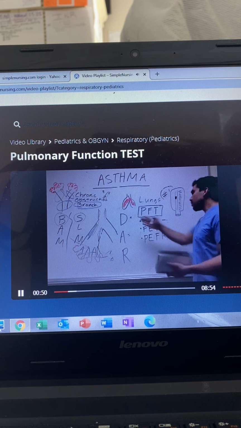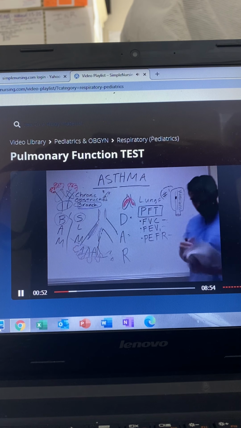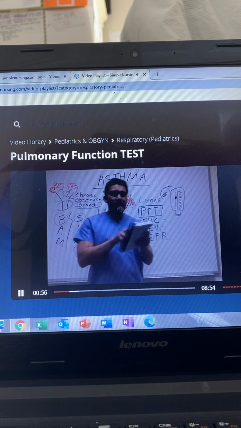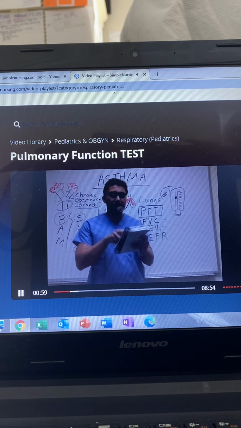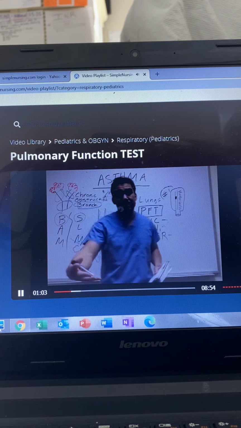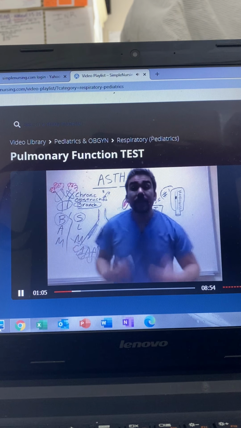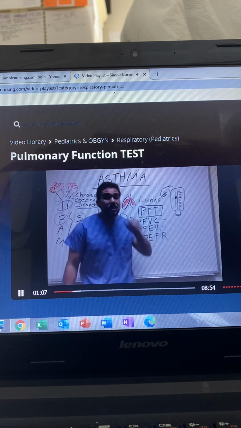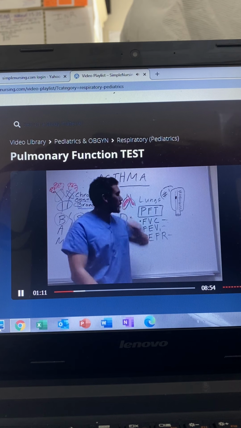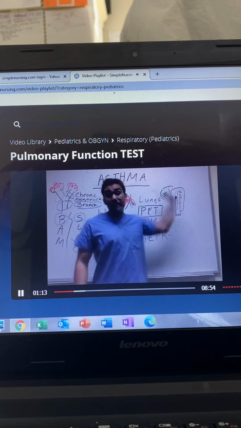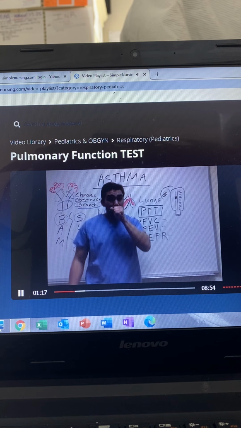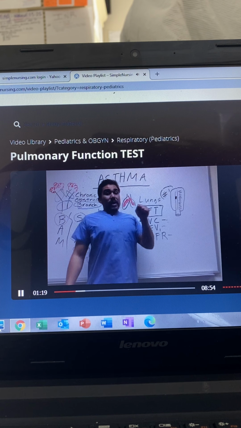So your FVC stands for the volume of air exhaled from full inhalation to full exhalation. They're going to get your patient on a machine and hook them up. It looks almost like a telephone. This is a peak flow meter. We'll talk about that later. But it has a little wire, and they'll hook them up and have them take a deep breath.